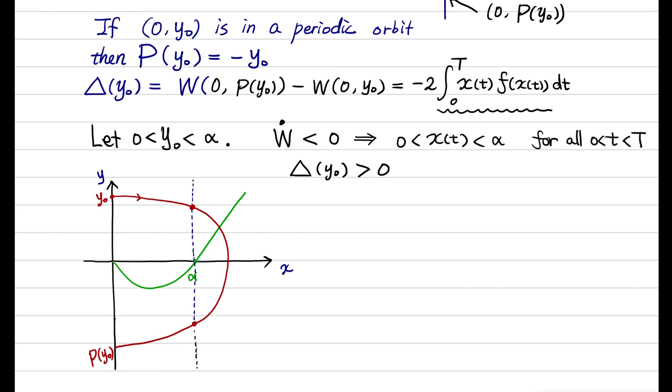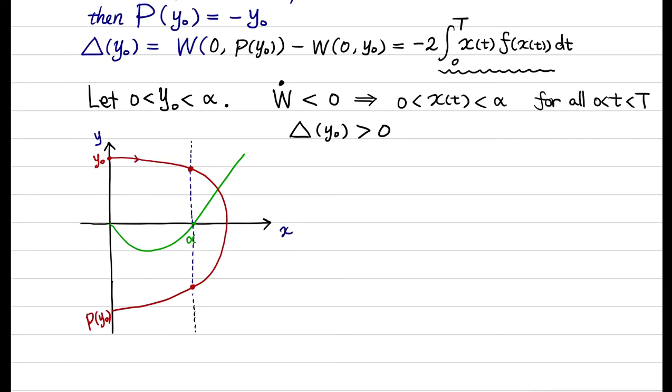Similarly on the bottom side, it will intersect also x equals alpha in the bottom half plane. Since we showed that any trajectory starting from the right half plane below the graph will hit the y-axis at p of y naught in this case, it means that if we decrease this point, then this hitting point will also decrease.